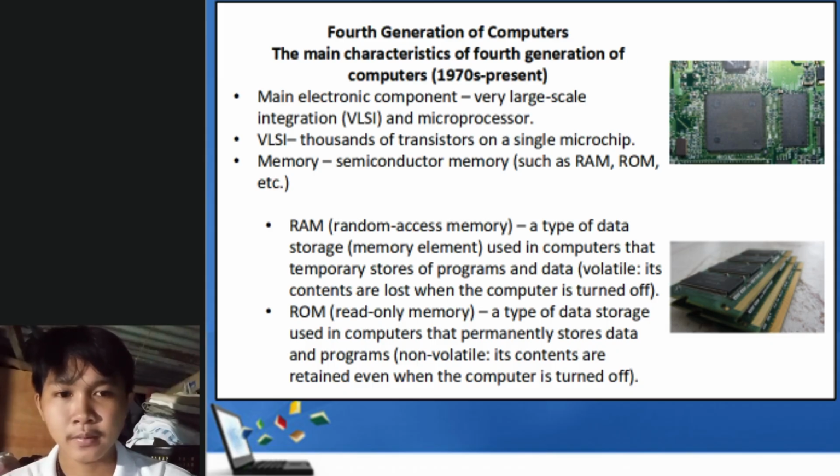RAM, random access memory, is a type of data storage memory element used in computers that temporarily stores programs and data. And ROM is read-only memory, a type of data storage used in computers that permanently stores data and programs, and its contents are non-volatile.